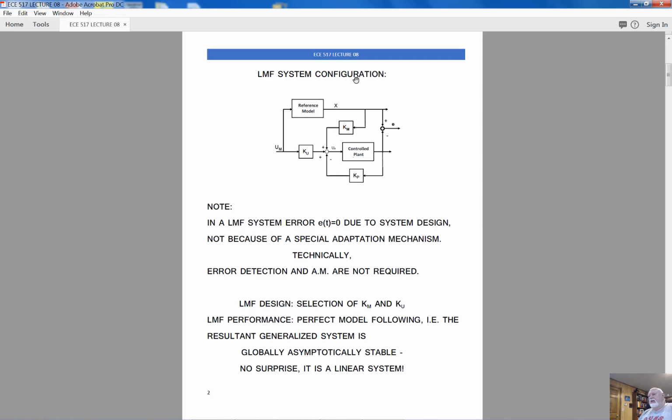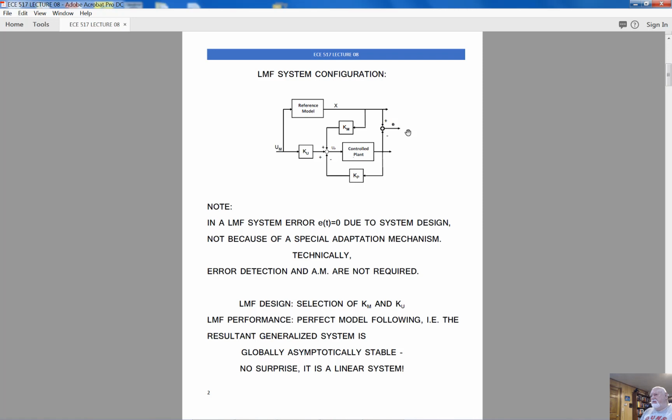Now, in the linear model following system, we can compare the state of the reference model with the state of the controlled plant with its feedback, of course, and extract the error. But when linear model following design is successful, this error is always zero, and there is no need to use this error for any purpose.